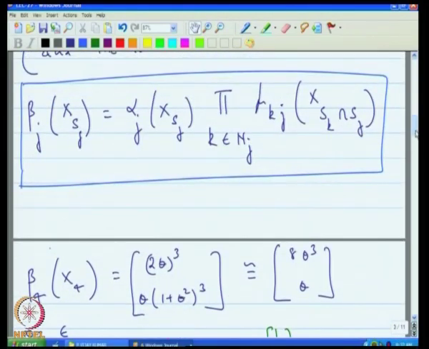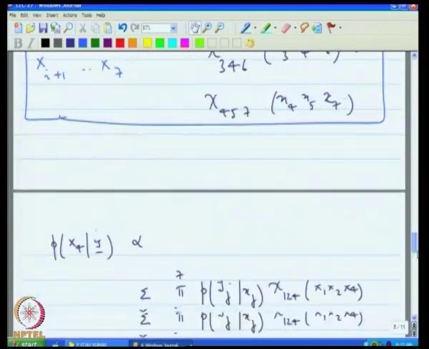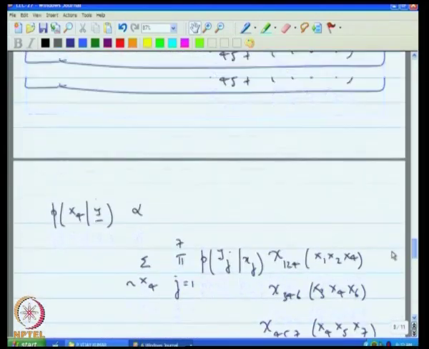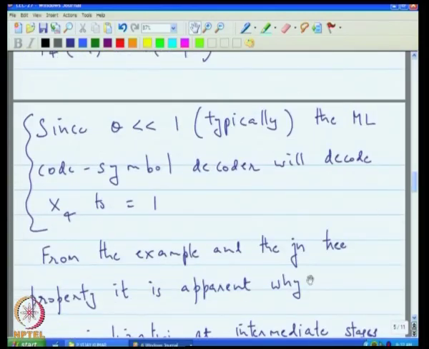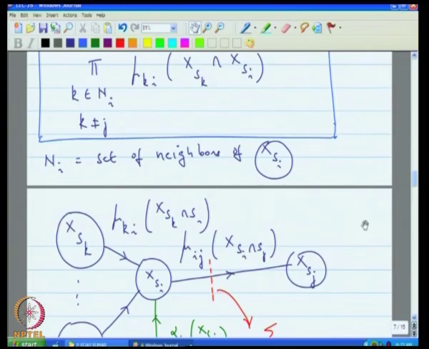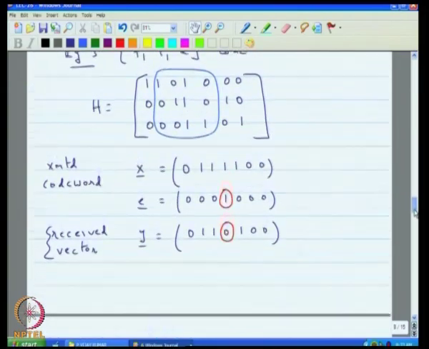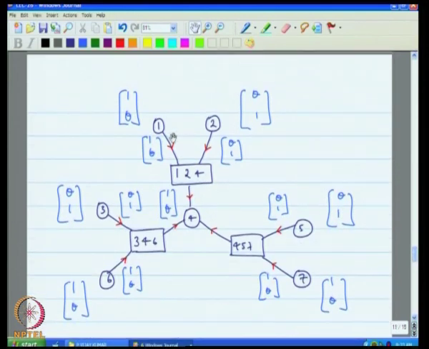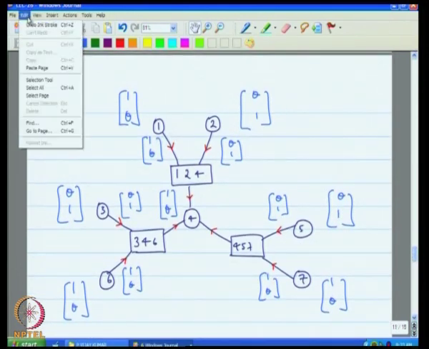We can go back to this example. Let us go back to this example and carry on from there.